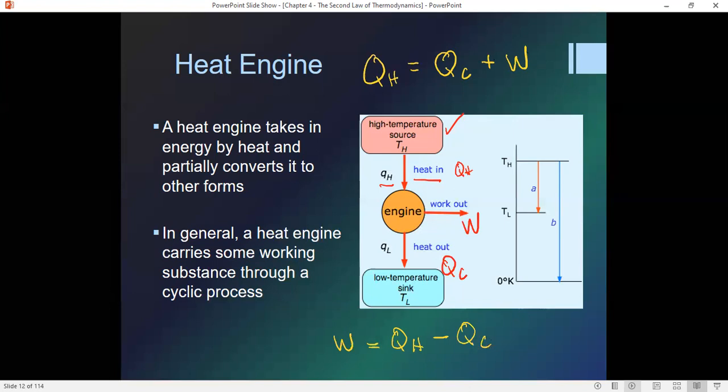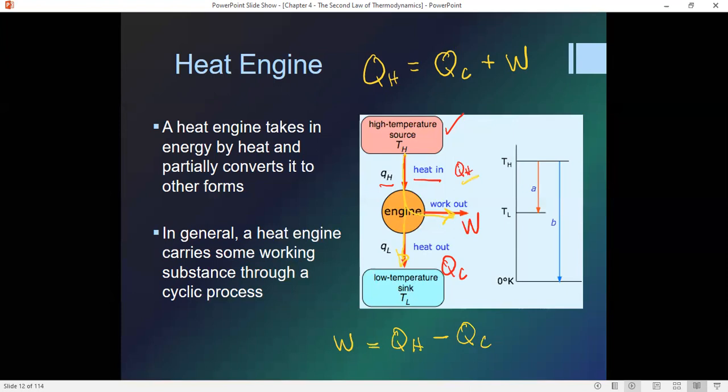And the more efficient our system, the more work we can get done for a certain amount of QH. Okay, again, conservation of energy. The energy can either become work or the energy can become exhaust heat.